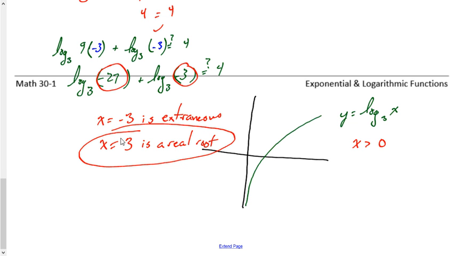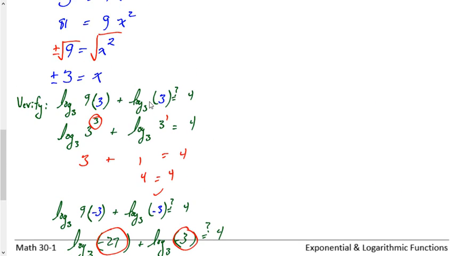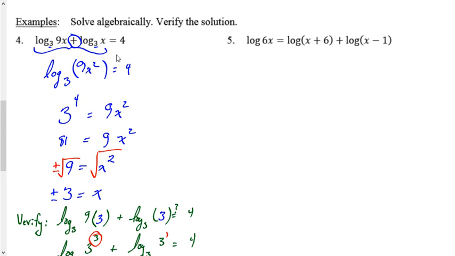So that raises the point that we have to be careful with logarithmic equations because there are limitations on what we can take the logarithm of. So we could just always verify at the end, or with number 5, what I could do right at the very beginning would be to say, well, what are the restrictions on the variable? So inside here I have a 6x, so 6x has to be greater than 0.